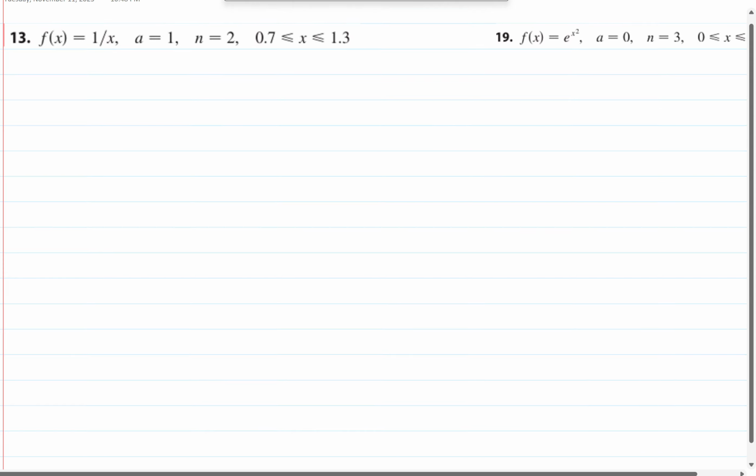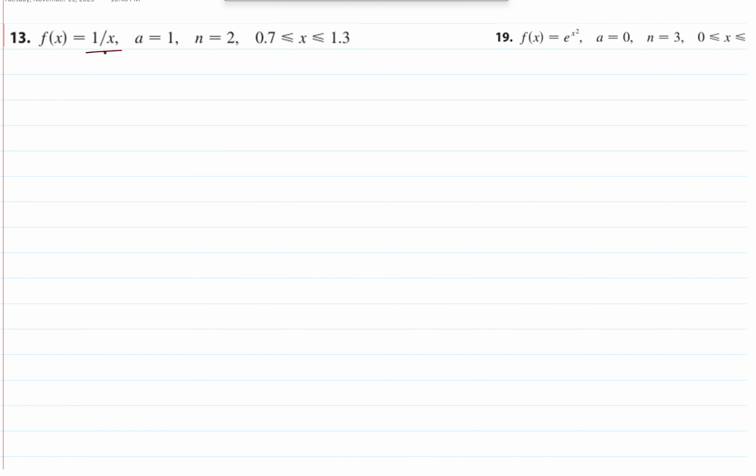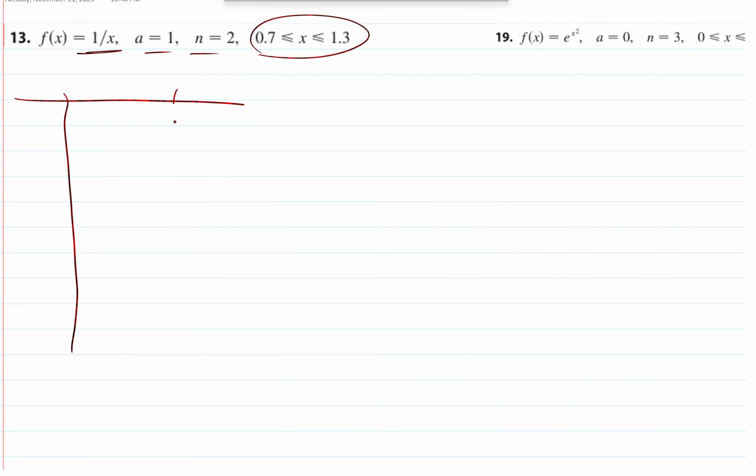Alright, first of all, what do we have? What are our givens? f(x), a, n, and our error bound. Let's do our table because a table is pretty easy.